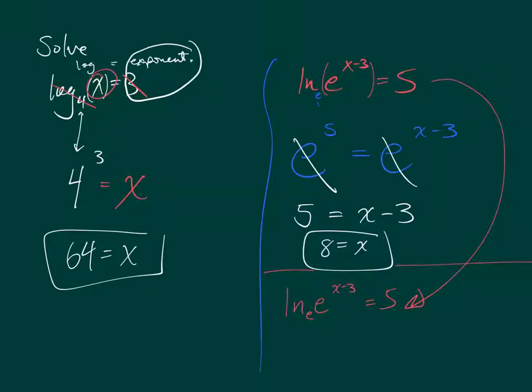If you have an exponential part inside the log, right, e to the x minus 3 power, so we have an exponential piece as the argument, and the base of the log matches the base of the argument. So since they match, your answer here will just be the exponent. This is a much faster way to find that x will equal 8.